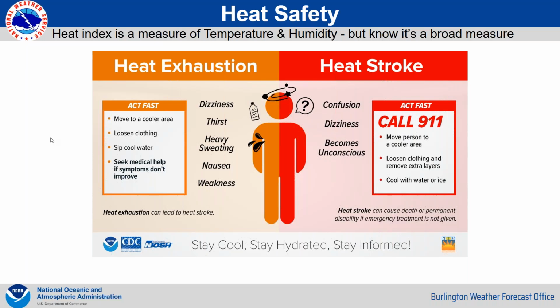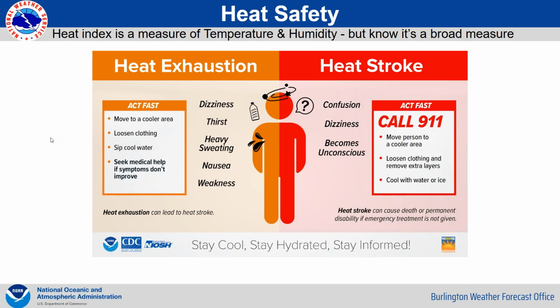It begins with feeling dizzy and thirsty, with heavy sweating, and then general weakness. As you move over to heat stroke, you'll stop sweating. Your body will not be able to cool itself, and so you will stop sweating at that point, and you may begin to faint at that point. And your sense of delirium begins to increase as you head to heat stroke.